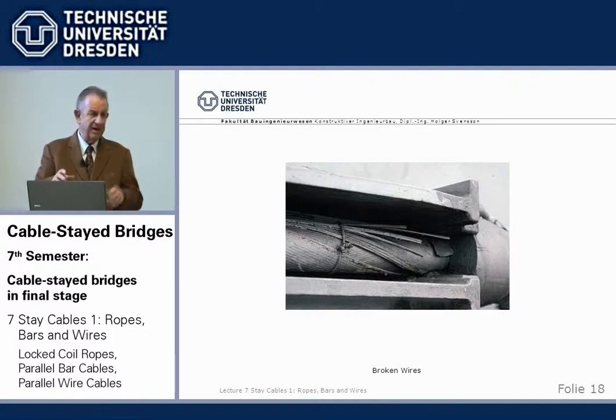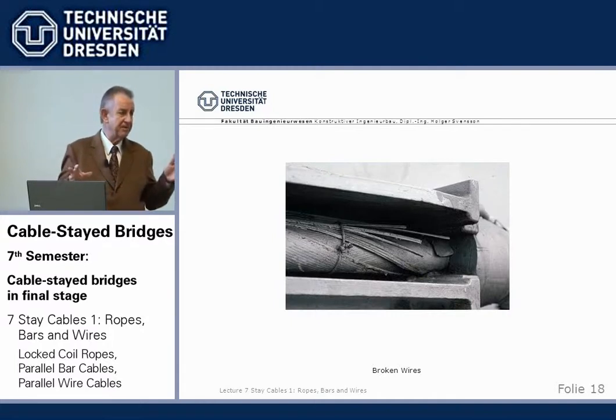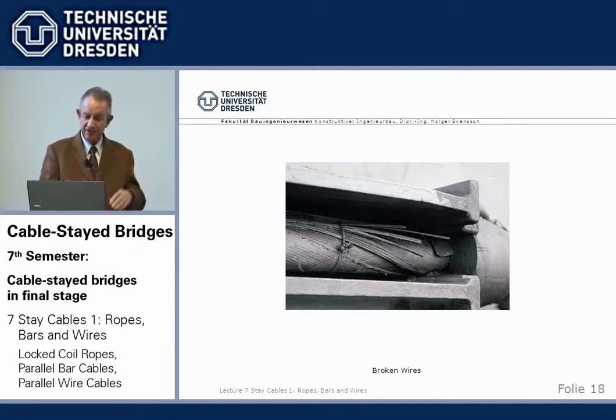The reasons were many, as always, if something happens. There's not just one. But the one reason was there was a design mistake. The anchorages were built in with the secant angle, not with the tangent. So there was additional bending.